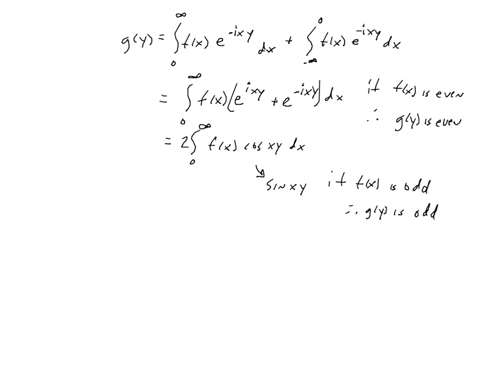We call this a Fourier cosine series. And you also could end up with an inverse transform that looks like this, where this is g of y cosine xy dy. And like I said, the same thing works for the sine function.